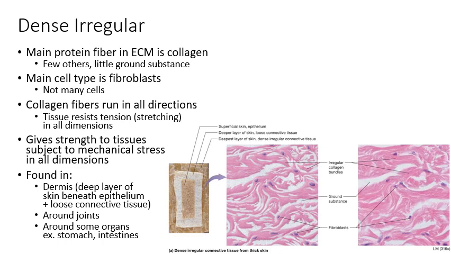Finally, scar tissue. Scar tissue is virtually always made of dense irregular connective tissue. Wherever you're putting a scar, it's usually not possible to predict where stresses would be coming from, so you just want to put the most general purpose strength tissue type that you have, which is dense irregular connective tissue.